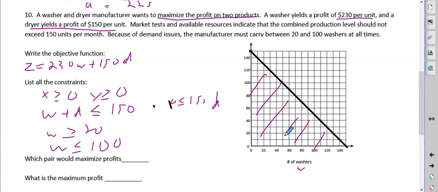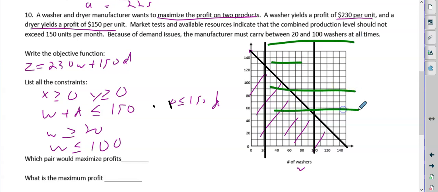Then W, or my X, must be greater than 20 and less than 100. So that means a line like that, and for the 100, like this.